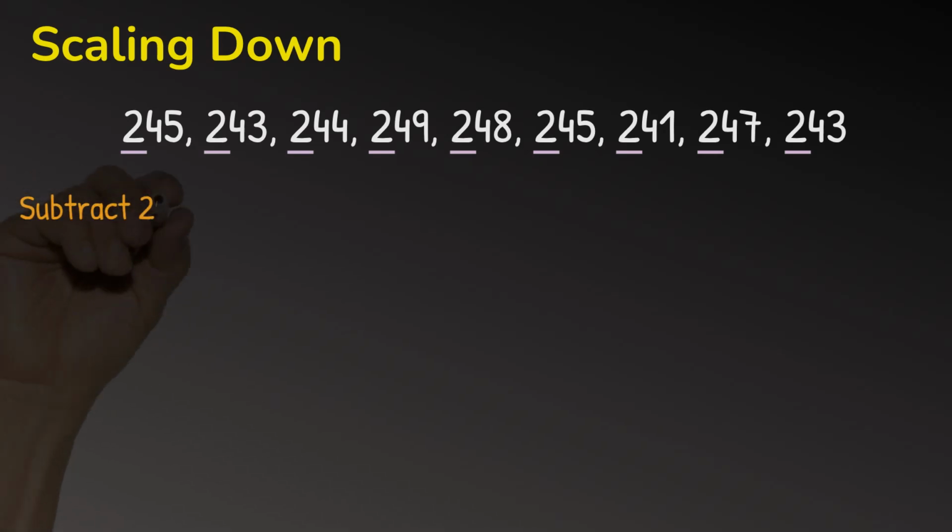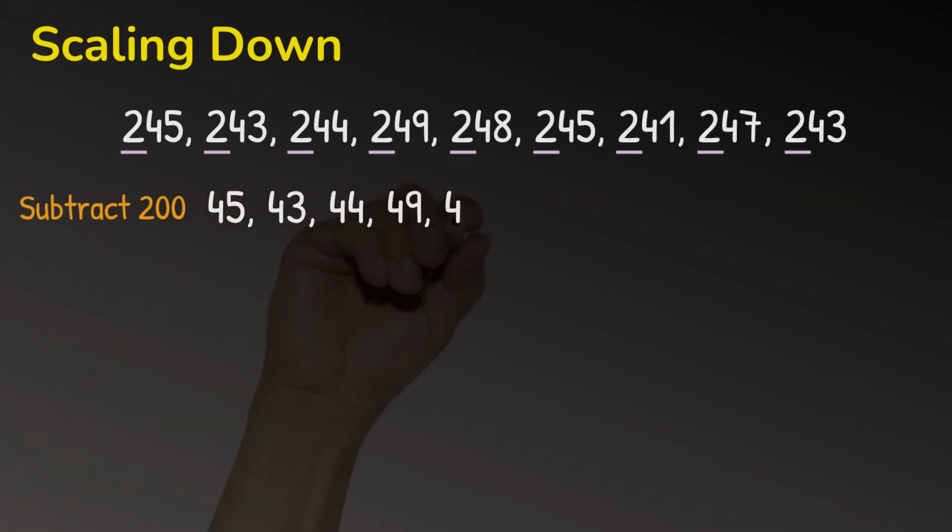Now, it's going to take us quite some time to type in 245 plus 243 plus 244, etc. But you might notice that every value is 200 and something. So if we subtract 200 from every value, we get these values.